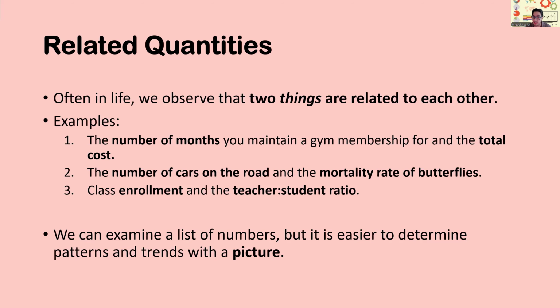It affects their population. So you can imagine that as you have a higher number of cars on the road, you probably have a higher death rate of the butterflies. Or said another way, you have a lower population because you're killing them as you're running into the butterflies and they're splattering on your windshield, right?